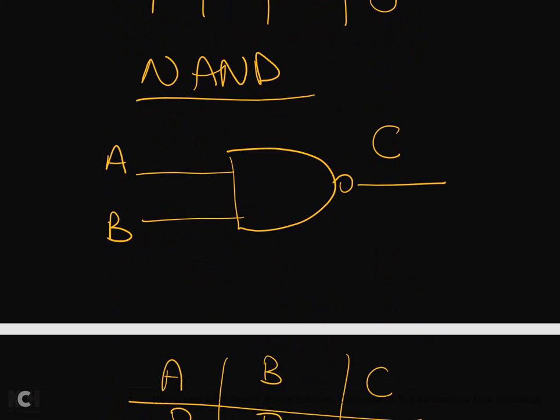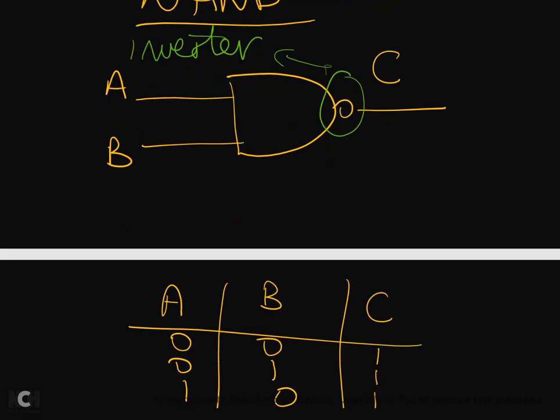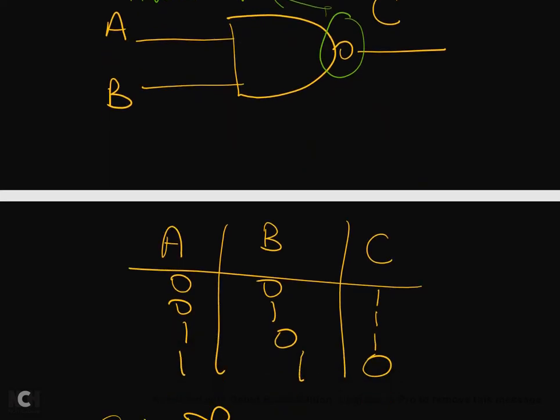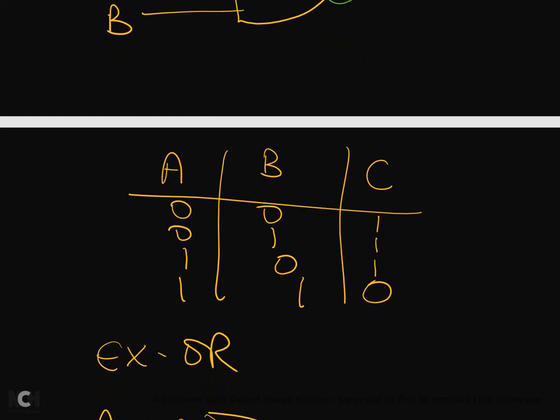In a NAND gate, it's the same thing. This circle represents an inverter. Where I would have had in an AND gate 0, 0, 0, 1, now I have 1, 1, 1, 0. It's inverting the signal of an AND. So if I have 1 and 1, in an AND gate I would have gotten 1, but in a NAND gate it would be 0.